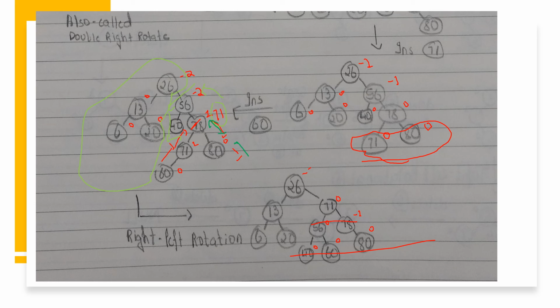This should be -1 because there's an extra level here. The right subtree height is 1 higher, and this will be 0. This will be 0. This will also be 0. Now our AVL tree is balanced and our insertion operation is done.